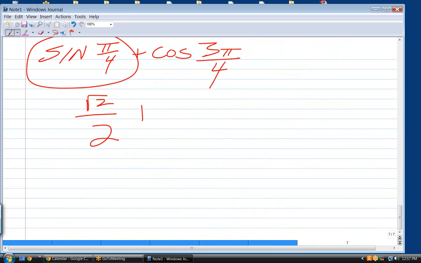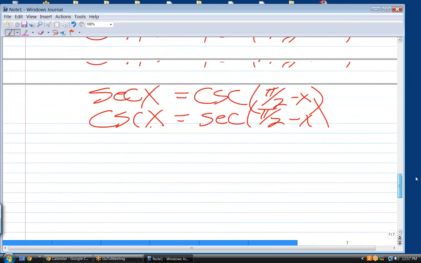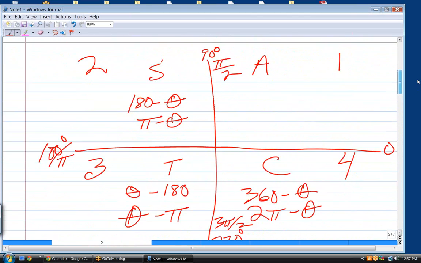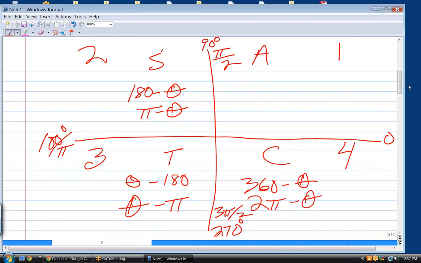Okay. Now, 3 pi over 4. Always identify the quadrant first. This is pi over 2. This is pi. This is 3 pi over 2.